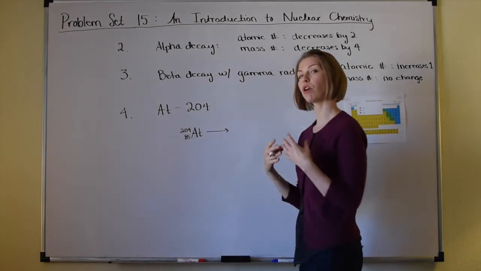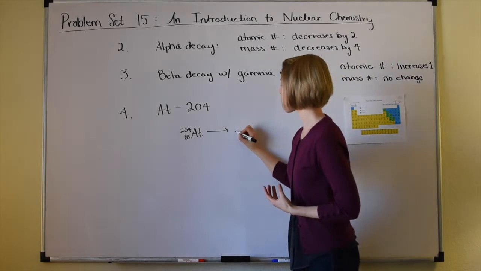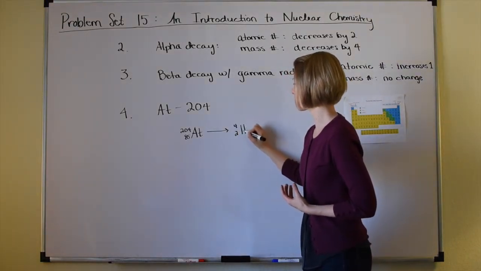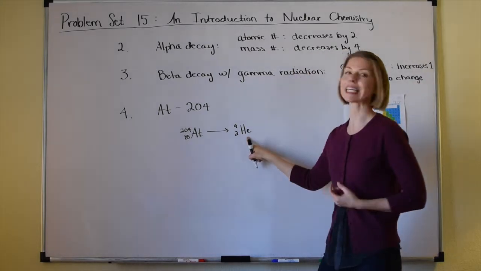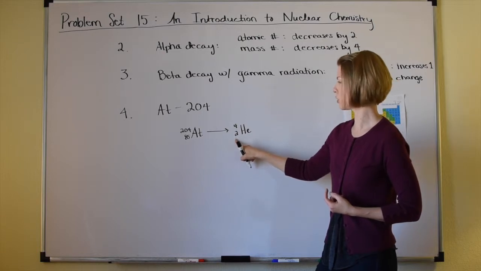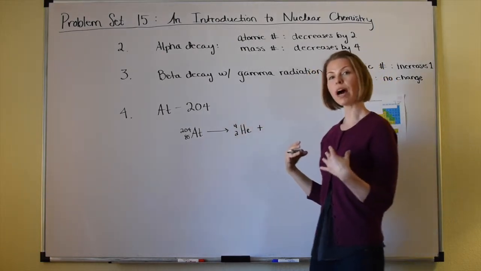It's given in the problem that this is going to undergo alpha decay. So the first thing I like to write as my product is the alpha particle that is going to form. Remember that it's a helium particle, 2 protons and 2 neutrons, so a 2 and a 4 here. Now, what is the new element formed?